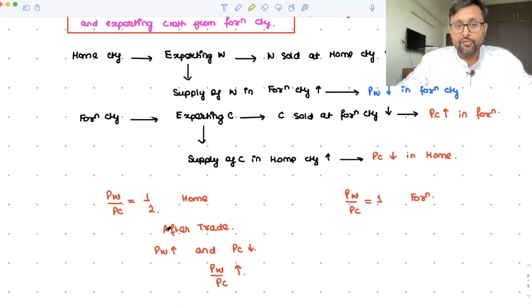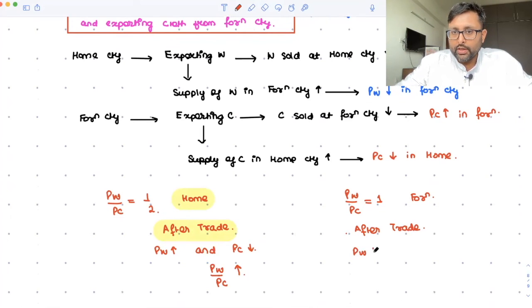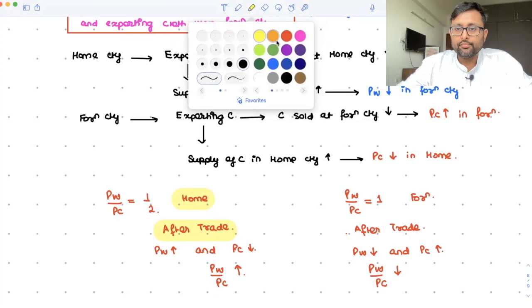This is happening after trade in the home country. What happens after trade in the foreign country? PW is falling in the foreign country and PC is increasing in the foreign country. So what are you seeing? This PW by PC is falling in the foreign country after trade.